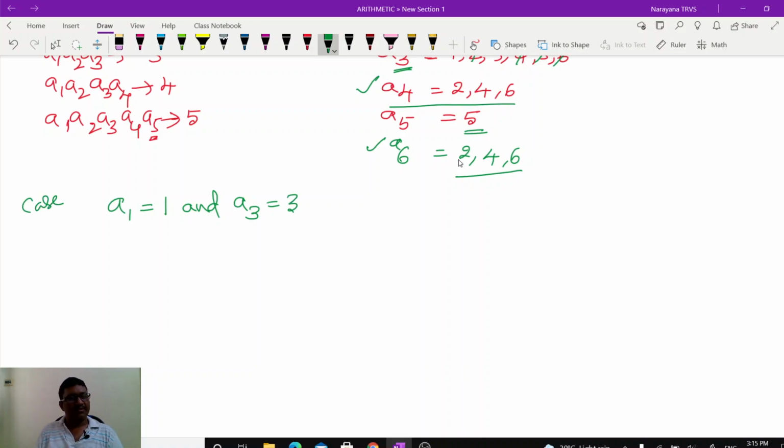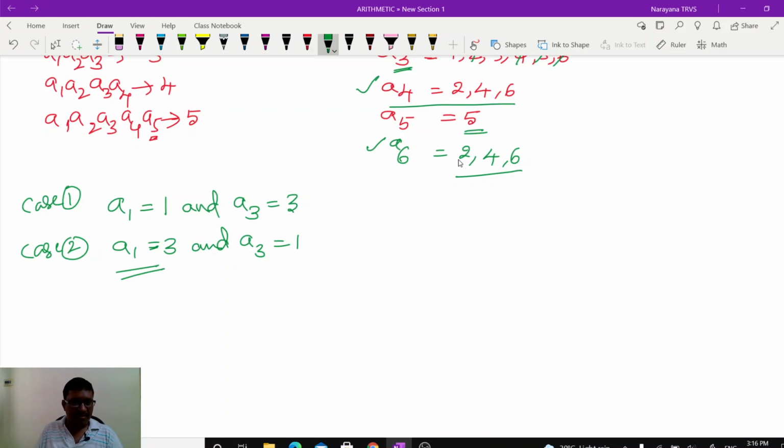This may be the first case. And case 2, A1, if A1 has 3, then A3 will have 1. So by using these two cases, we will find the 6-digit numbers which are divisible by 6.